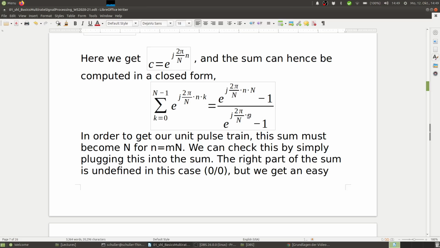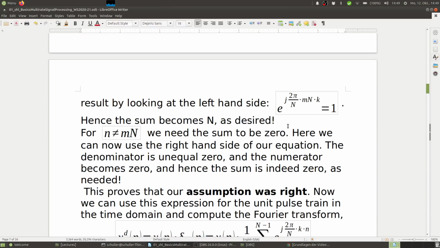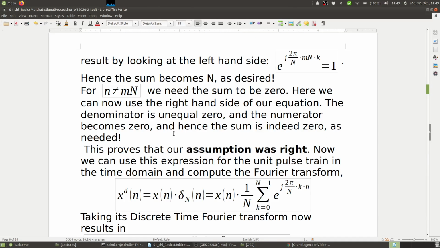But here this n and this capital N don't cancel. So then we have 2 pi times some fraction, and that's unequal 0, and that means here the denominator becomes unequal 0, and then we have 0 divided by something else, and this is 0. Right, and this is also as needed.